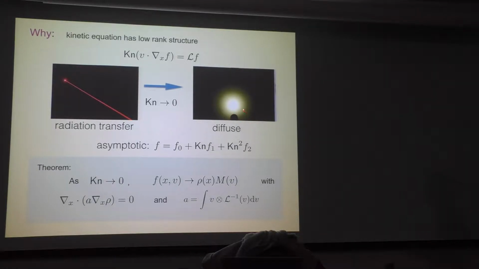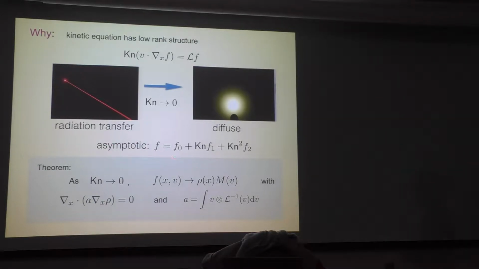And when it scatters very often in the media, on the outer level it looks like your system gets diffused out. So mathematically, we start with the radiative transfer equation, and we have this Knudsen number going to 0, indicating you scatter a lot.